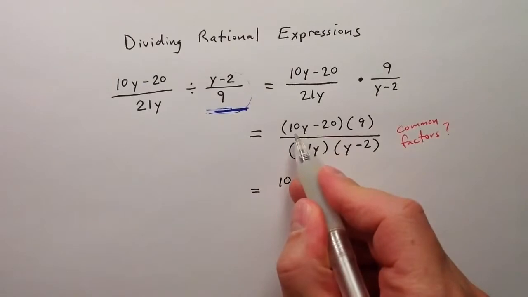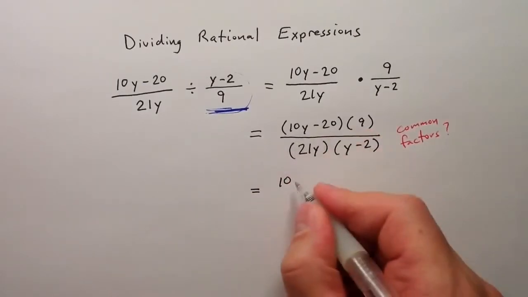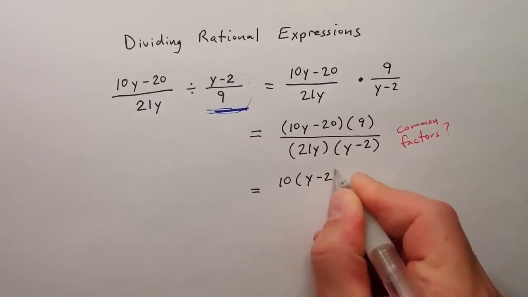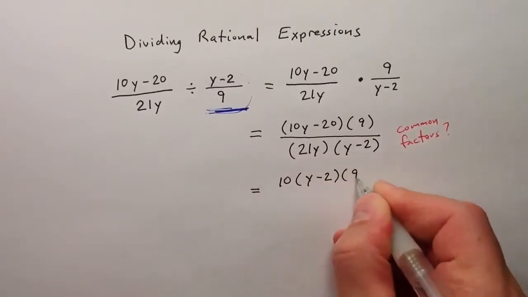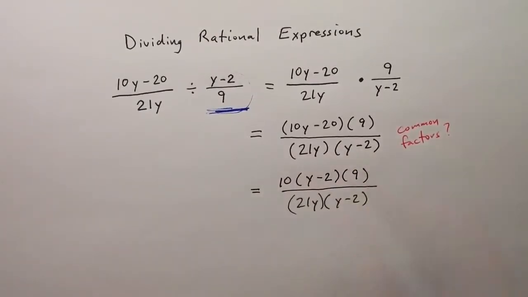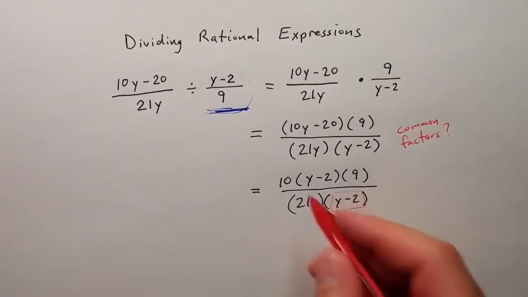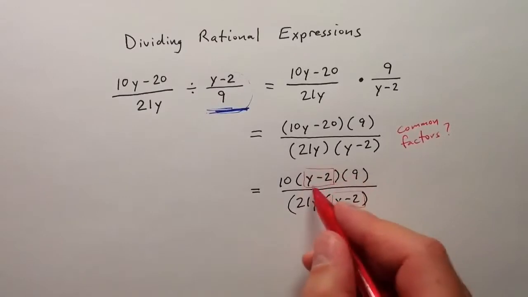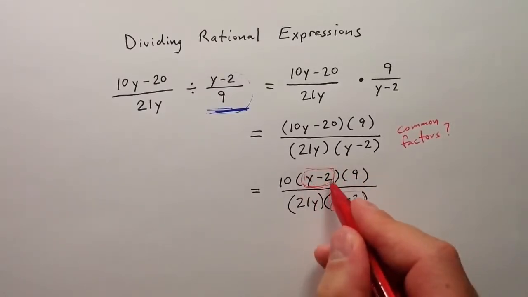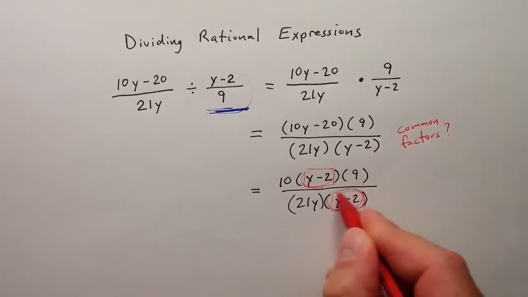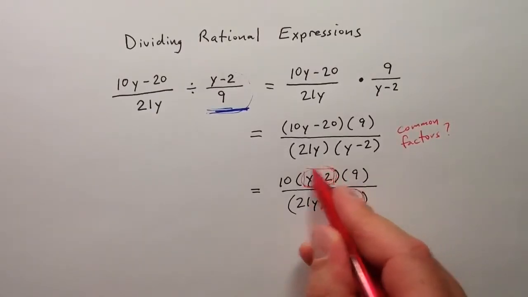So 10 divides itself, but it also divides 20. So if I factor out a 10, y minus 2 is left behind. Then it becomes pretty obvious that y minus 2 is a common factor. I can't just cancel the y's, I can't just cancel the 2's, but I can cancel that whole expression in the parentheses with the entire expression up top.